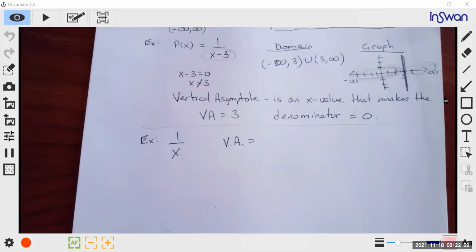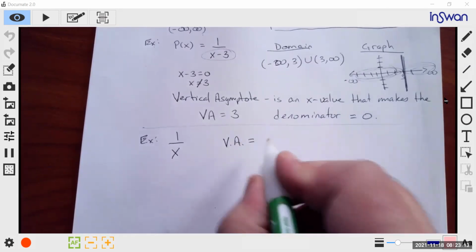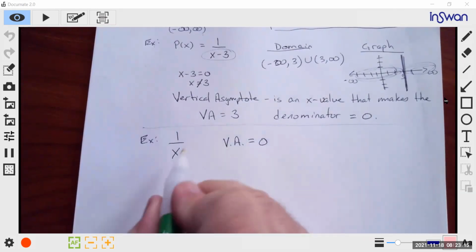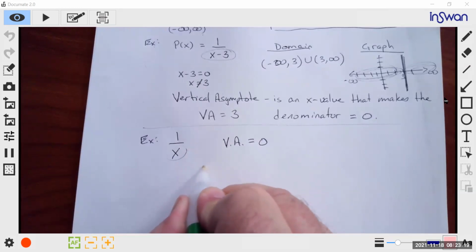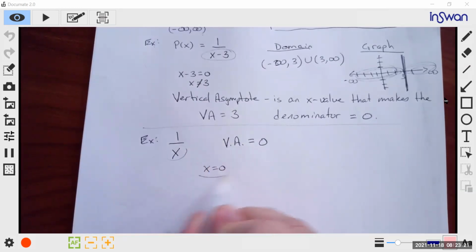What's my vertical asymptote here? Yep, it's 0. Because what do we do whenever we have a fraction? Set the bottom equal to 0. So x equals 0, as far as we can go.